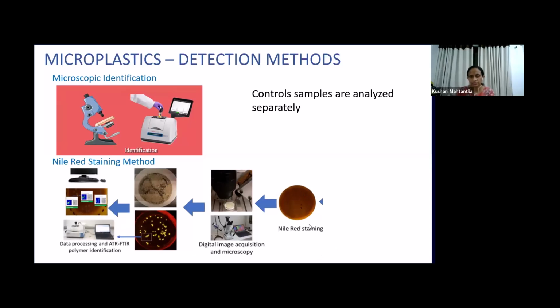Once we stain the filter paper, we mount it on the imager machine, and we take images under blue light and orange filters. The microplastic particles give fluorescence, and those fluorescent particles can be counted manually or by an automated system. But when we are using an automated system, we have to validate that system with the different color intensities.